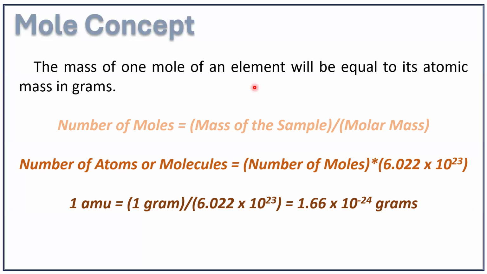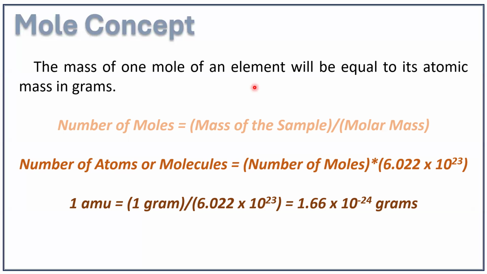So if you have 1 mole of oxygen molecules, what will be its weight? The weight of 1 molecule of oxygen is 32 amu. So if you have 1 mole of oxygen molecules, its weight will be 32 grams.